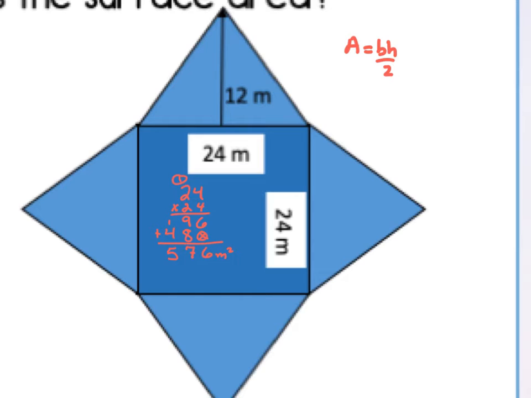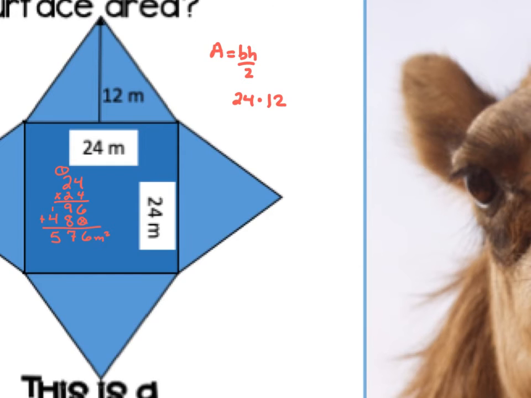So let's go ahead and write 24 times, and my height is 12 here, right? So my base and my height, so I'm going to multiply that by 12 here, right? Now I'm going to actually do my work a little on the side because, hey, that's a bigger number, right?